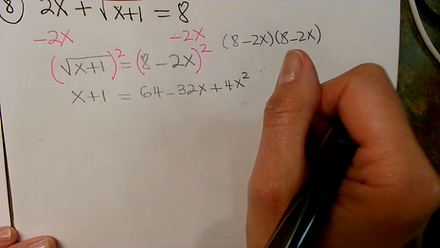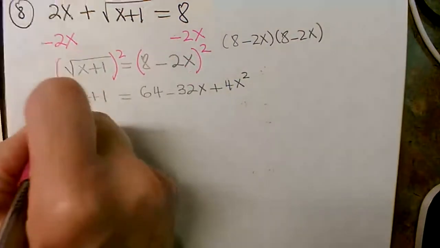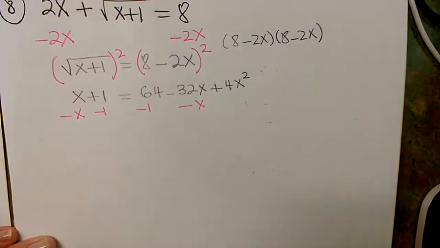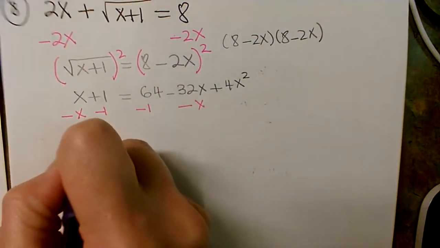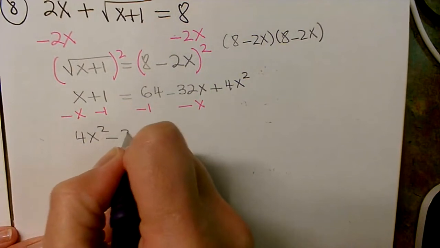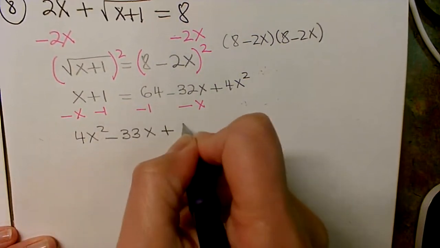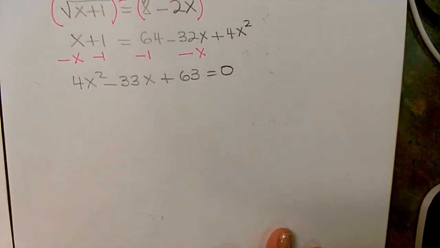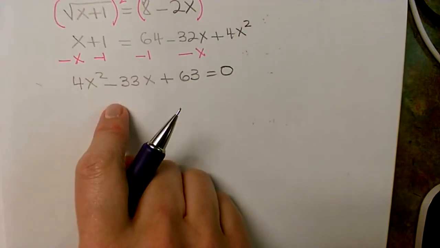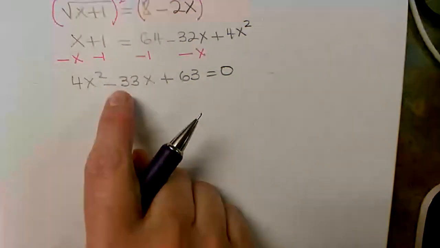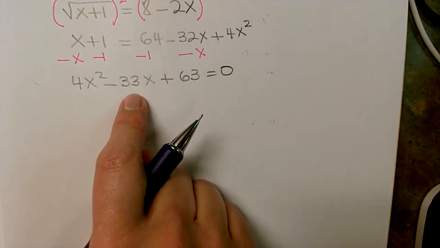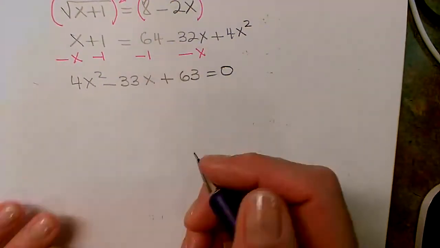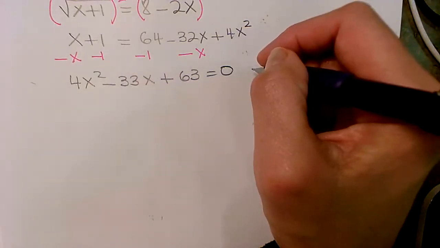So now let's combine like terms. And what do we get? 4x squared minus 33x plus 63. Right here, we gotta apply the box method. I'm just going to write it down here so you guys have it.